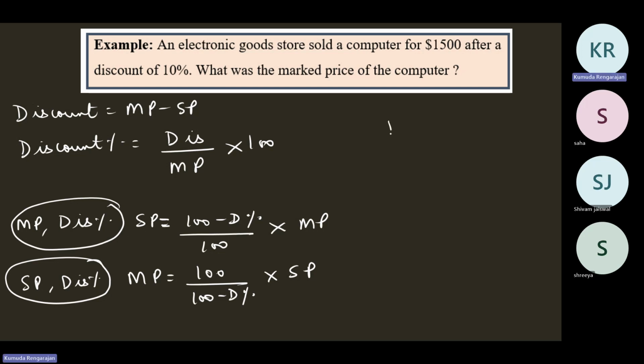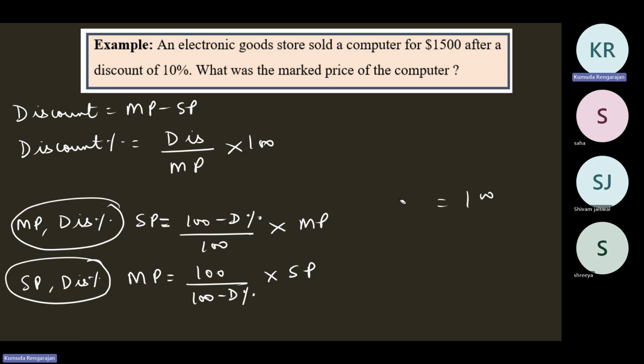For mark price and cost price, you'll have 100 in the numerator. But when you're finding the selling price, in the numerator you will have 100 plus profit percent, or 100 minus loss percent, or 100 minus discount percent.